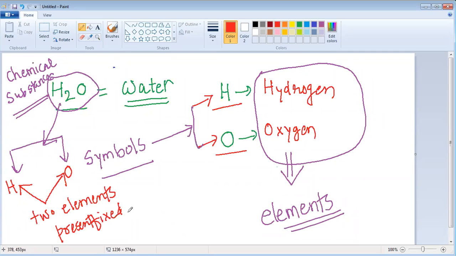These two elements are present in a fixed proportion by mass. इसका मतलब क्या हुआ? What is the meaning of this by mass?